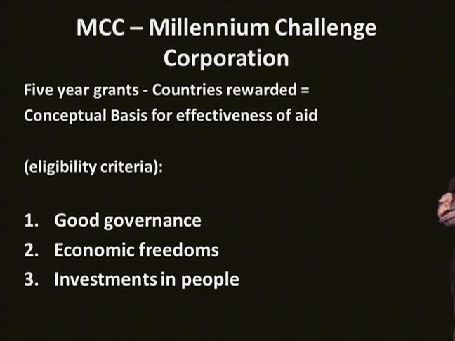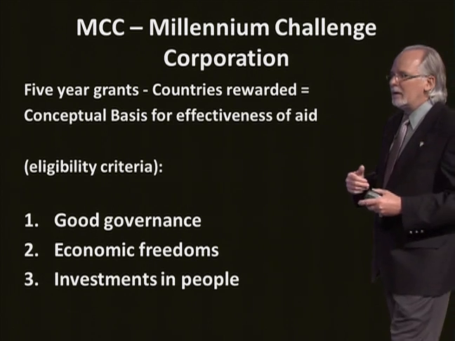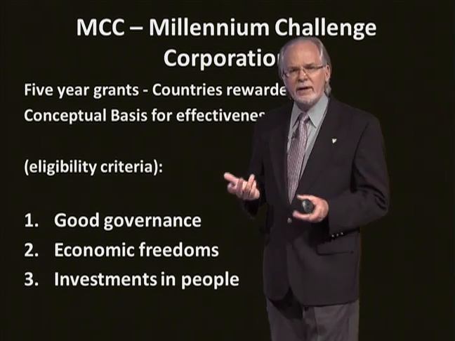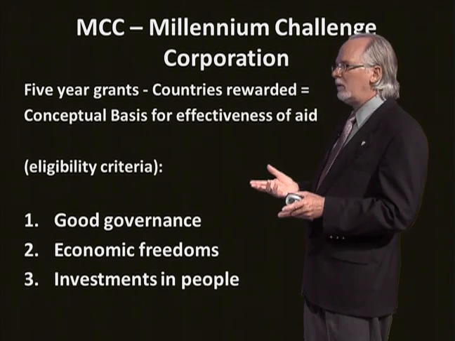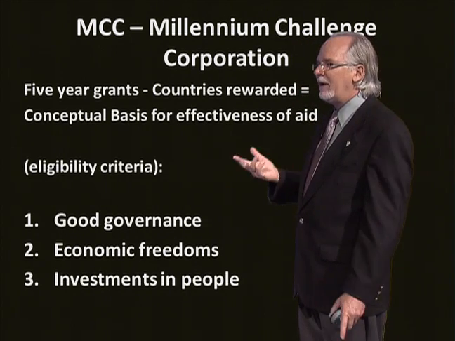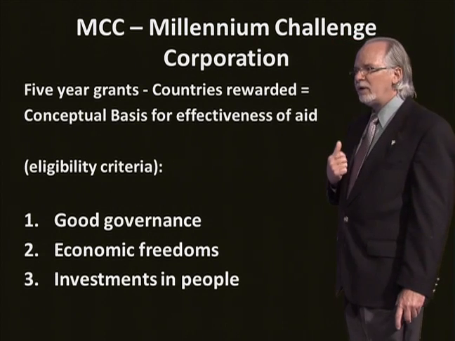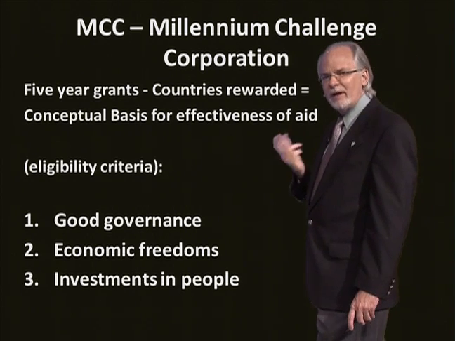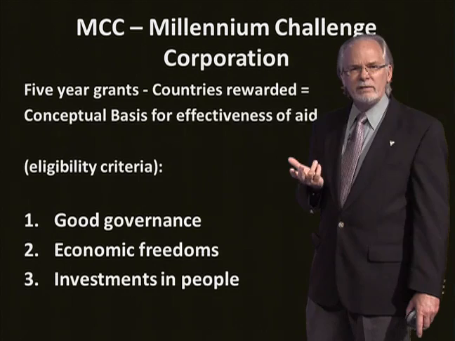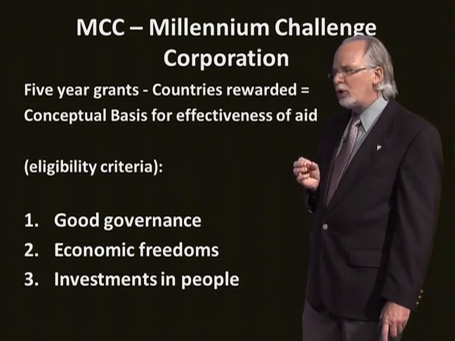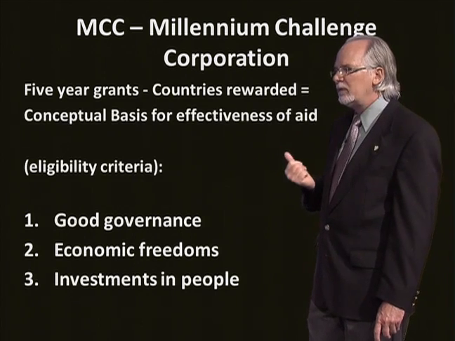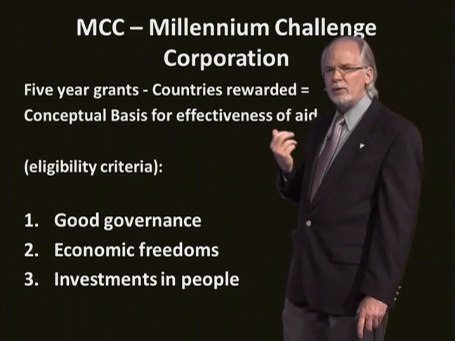So the Millennium Challenge Corporation is very different from USAID or the U.S. State Department. It's a separate organization within the executive branch of the U.S. government. They make 5-year grants. Countries are rewarded based on having a conceptual basis for the effectiveness of aid. And there are very particular eligibility criteria of good governance, economic freedoms, and investment in people.